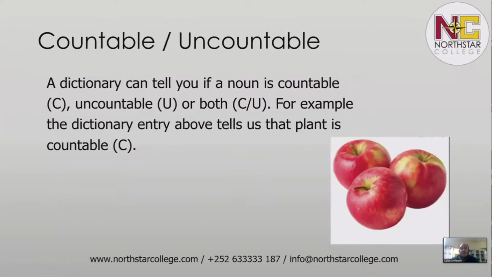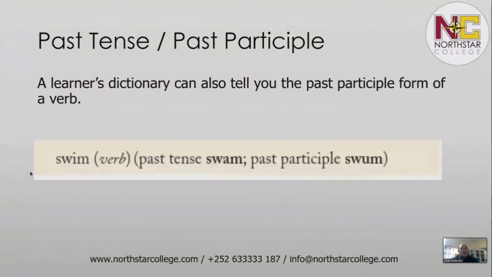Another thing that a learner's dictionary can do is tell you the past participle and the past tense of a verb. So if you look up the word swim, for example, it can give you the past tense and the past participle. Again, the learner's dictionary is made for people learning English, so it has the things that you need.